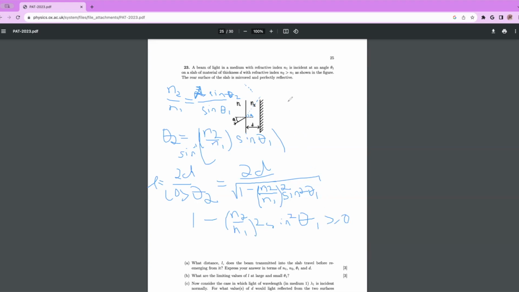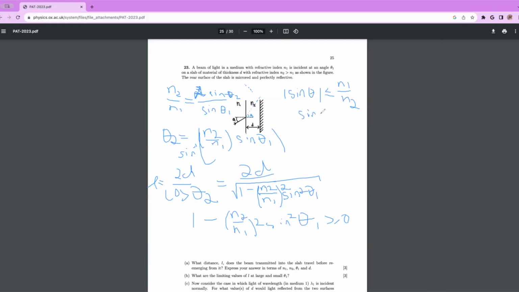Which means basically the absolute value of sine theta needs to be less than n1 over n2 actually. Because if you add this to both sides and you multiply by n1 over n2, yeah, and then you take the square root. That's kind of annoying.